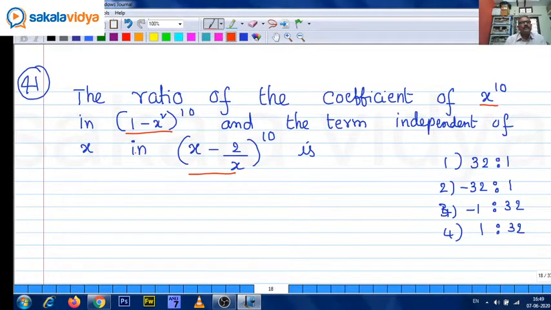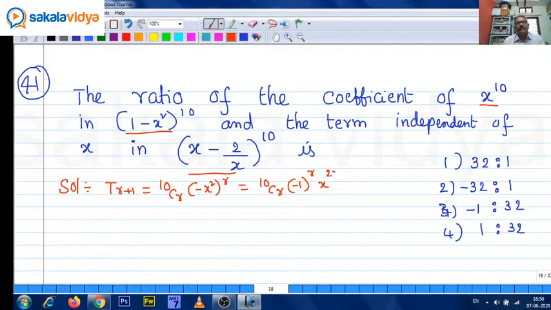So coefficient of x to the power of 10 in this expansion means first write down the general term T(r+1), that is 10Cr (minus x square) to the power of r. This is 10Cr minus 1 to the power of r, x to the power of 2r.